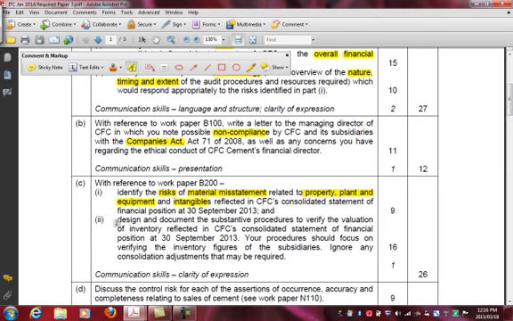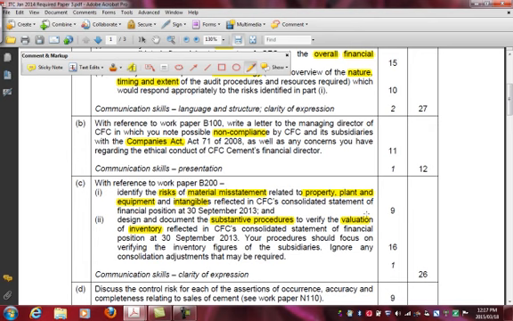Part 2 asks you to design and document the substantive procedures to verify the valuation of inventory reflected in CFC's consolidated statements of financial position. Guys, with a question like this, one of the very big risks is that you will answer Part 2, the substantive procedures, on what they're talking about in Part 1.